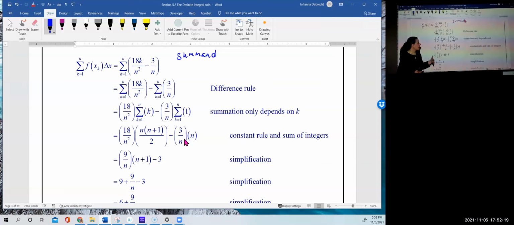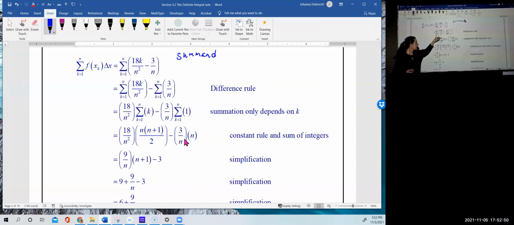So now what we want to do is split the summand up into two different sums. So we use the properties of series in order to split the sums into two sums. So we get the sum of 18k over n squared minus the sum of 3 over n. Now, the trick to remember about Riemann sums is that the only thing that can't pass through the symbol itself is something that depends on the index.